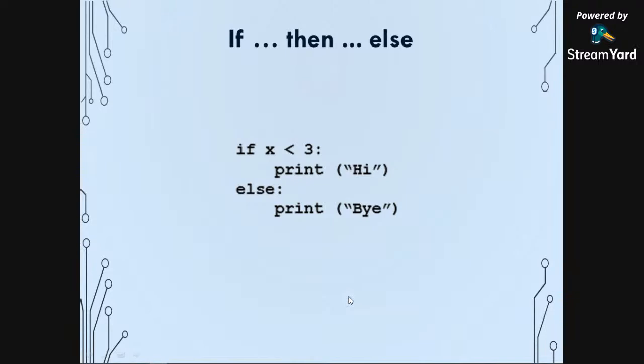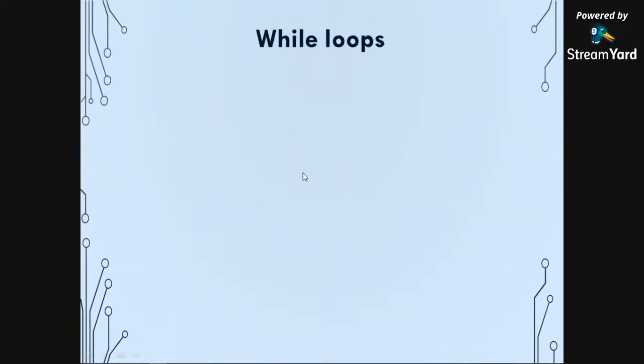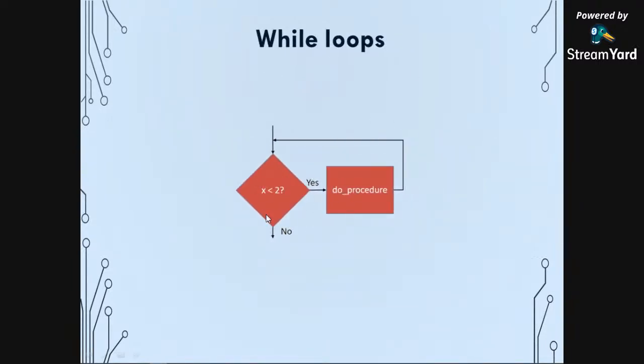So moving on, while loops. It asks a question. Is x less than 2? If yes, do whatever it is you want them to do. And then go back. Is x less than 2? If yes, do whatever it is you want them to do. That might include adding 1 to x, for example.